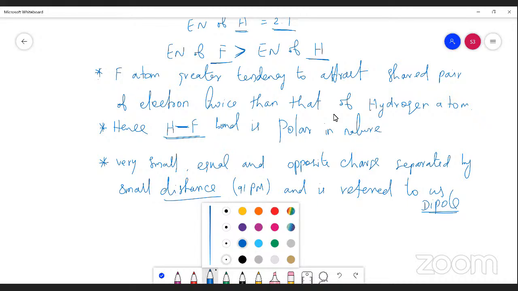Hence, the hydrogen fluoride bond is polar in nature. The charges are very small and equal, and the opposite charges are separated by a small distance of 91 picometer, referred to as a dipole.